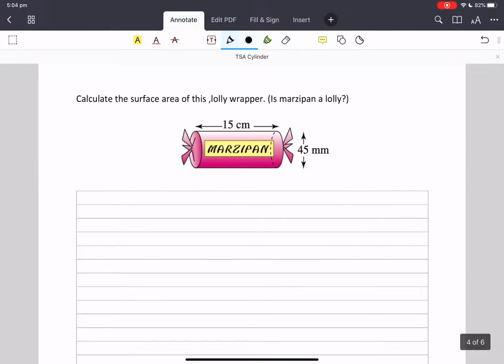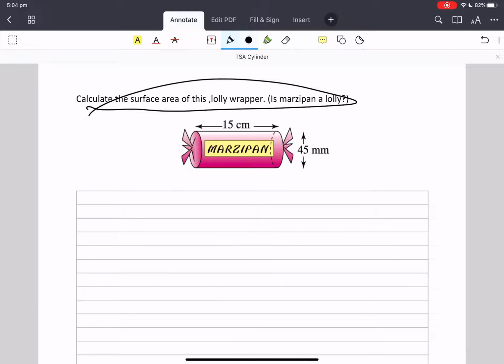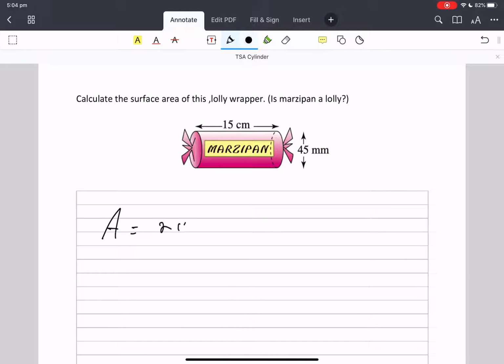Find the surface area of this lolly wrapper. I don't know what marzipan is, but let's just guess it's a lolly. So area equals 2 pi r h plus 2 pi r squared, because it's a full cylinder. Can you see what they've done to us? Centimetres? Millimetres? Oh my gosh. Let's convert to millimetres, hey? That's 150 millimetres.